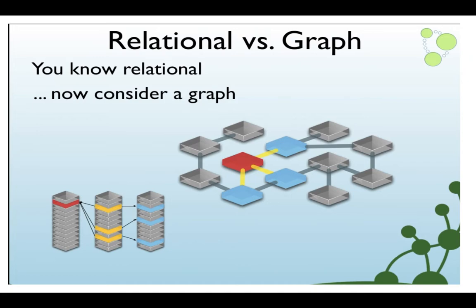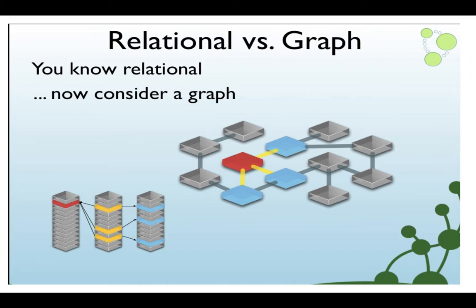So when we compare relational versus graph, as you know, on relational databases, we have tables, and to connect multiple tables, we have foreign keys and primary keys, and to get the relationship between multiple tables, we need to join.